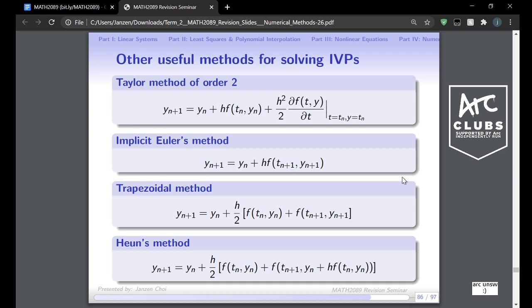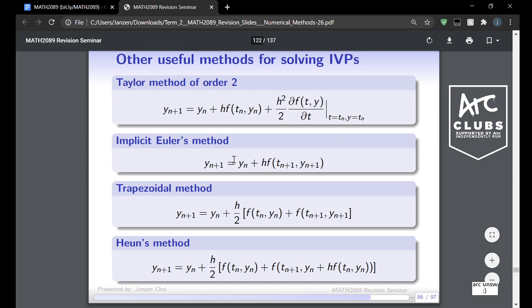So again, this is the implicit Euler method, as we discussed, where we replace the n subscripts here with n plus 1. This is the trapezoidal method. For Heun's method, we're taking the implicit Euler method and the explicit Euler method from earlier, and we're averaging them, resulting in this expression here.